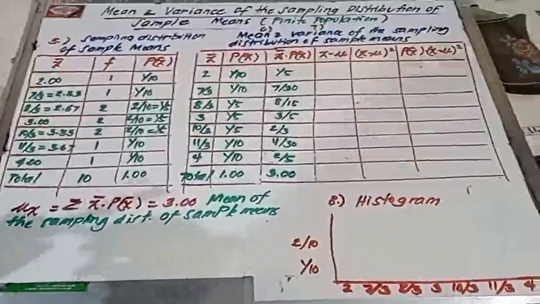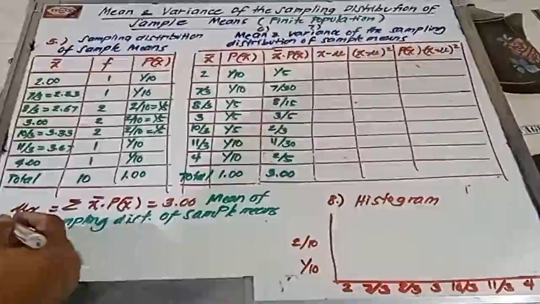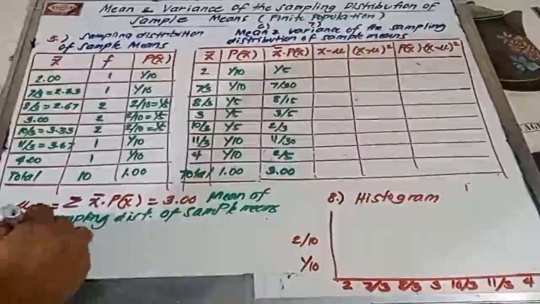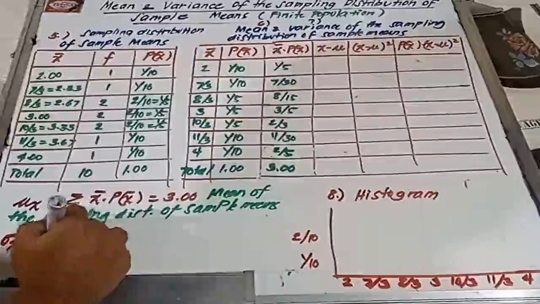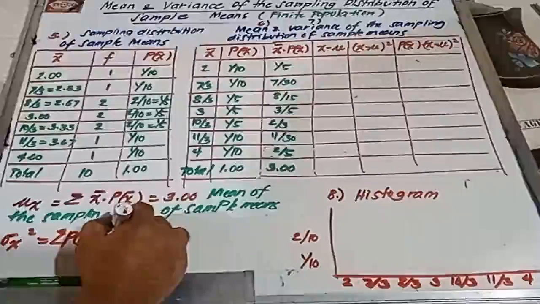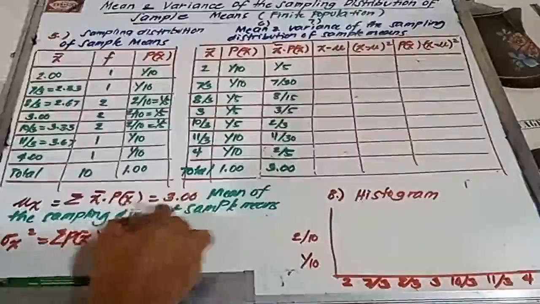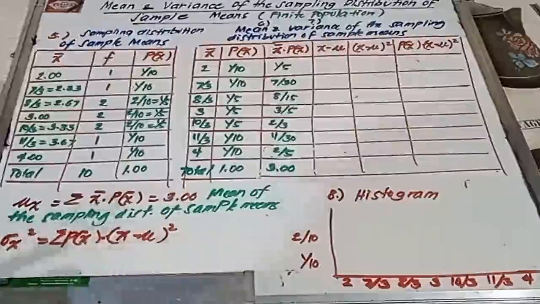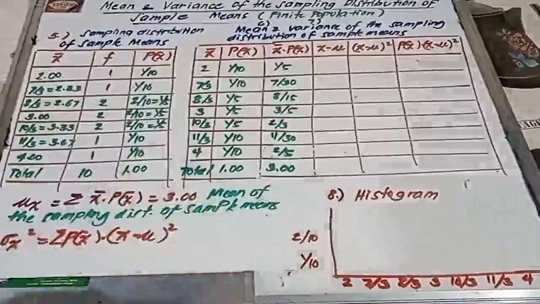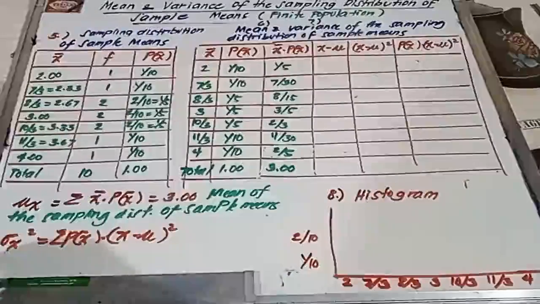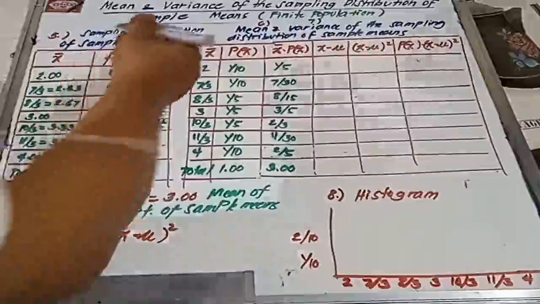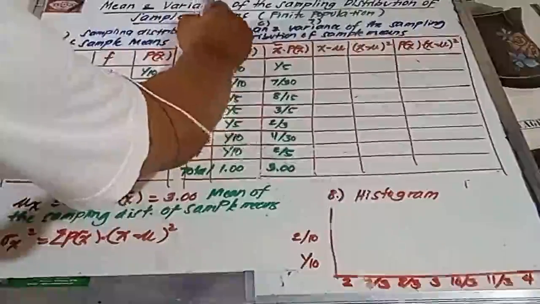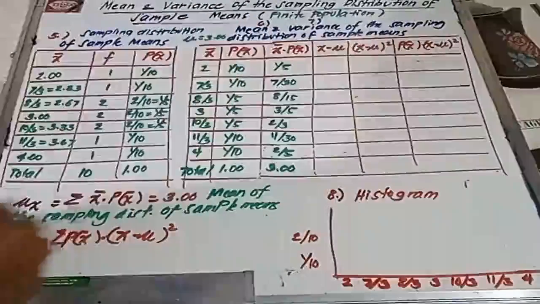Okay. And for the variance, gagamitin nating formula. We have sigma squared, that is summation of probability of x times x minus mu squared. Okay? So, para makuha yon, complete lang natin yung 3 columns na to. Then, we have x minus mu. So, ang mu natin, nakuha natin kanina is equal to 3. So, isa-isahin natin.